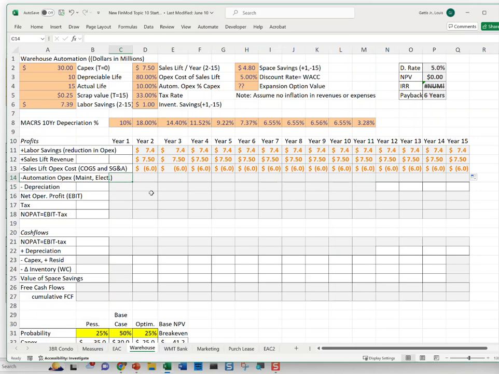To the operational and maintenance expense of the robotics, which includes, say, electricity costs and labor to maintain it, is assumed to be 10% of the CapEx. So I'm going to anchor the 10%, multiplied times the CapEx, anchor that.